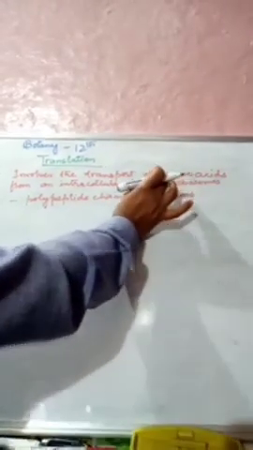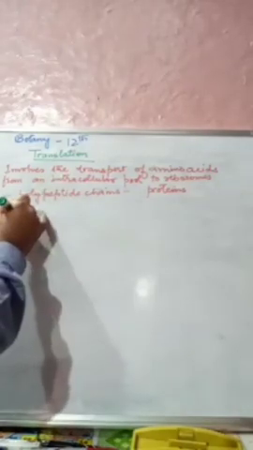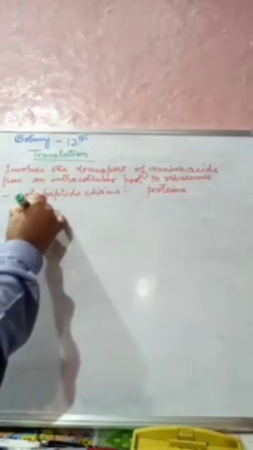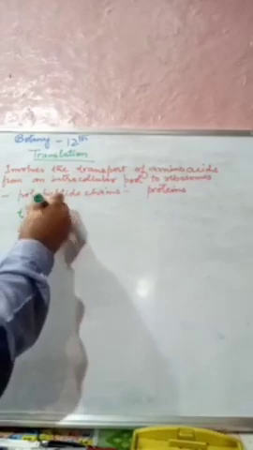Now, the transport of these amino acids to the ribosome surface is accomplished by tRNA.